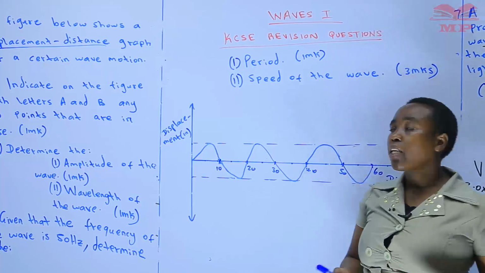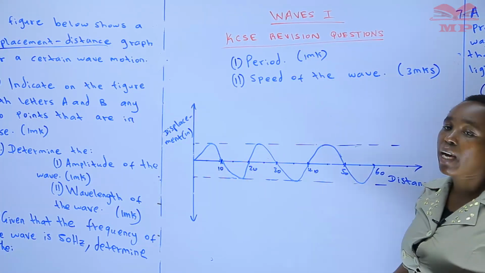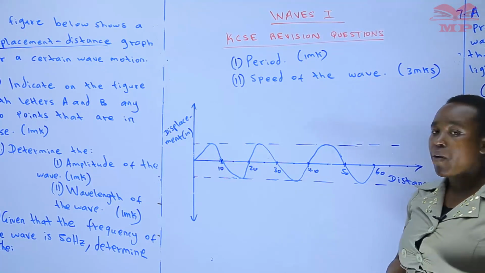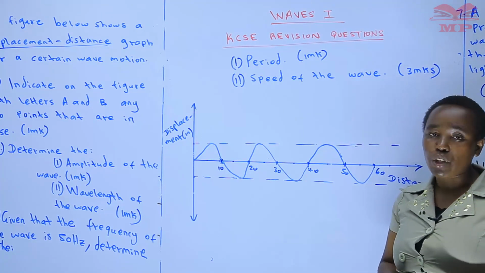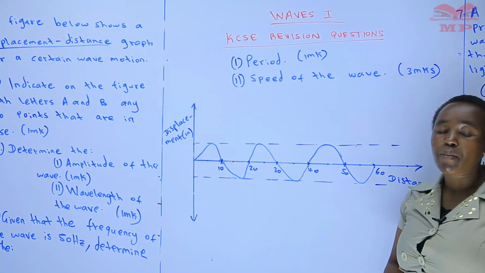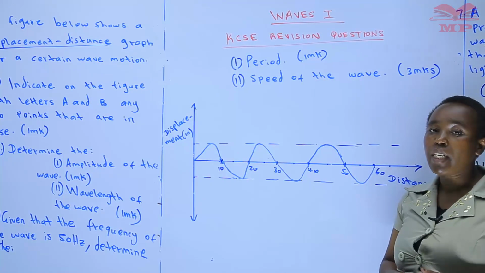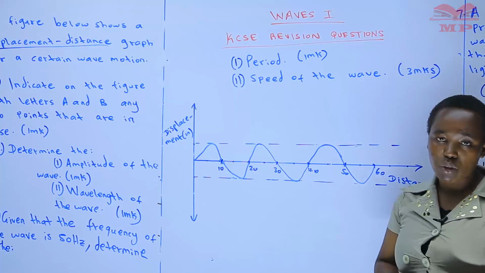We also looked at terms associated with waves, the amplitude, the period, the frequency, the wavelength. Then finally we looked at the wave equation, whereby we looked at the relationship that exists between the frequency, the wavelength, and the speed, and we have used it in solution for various questions.